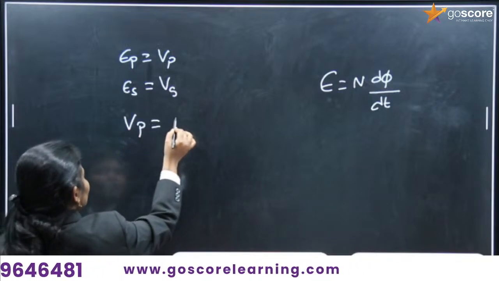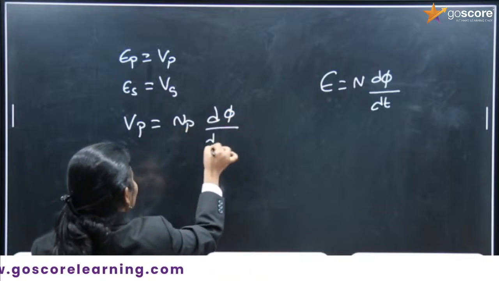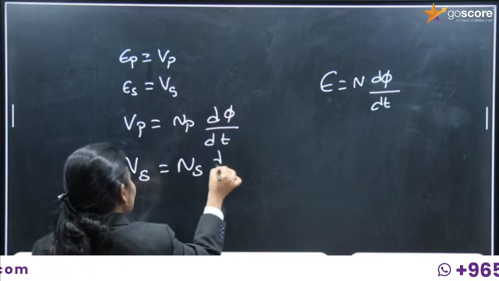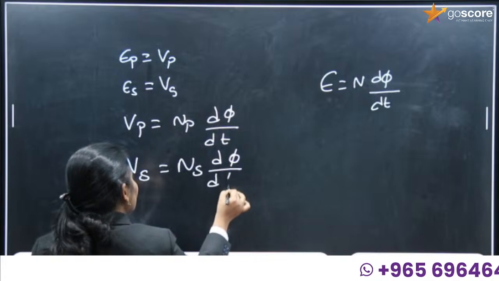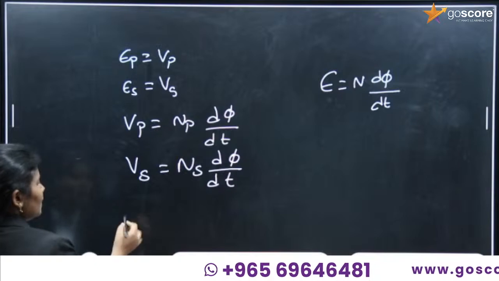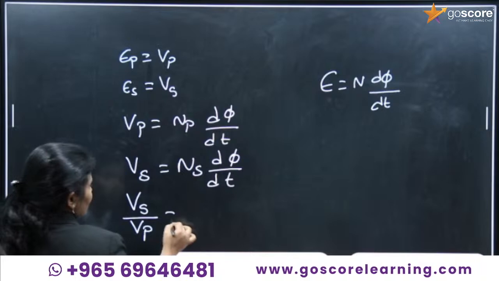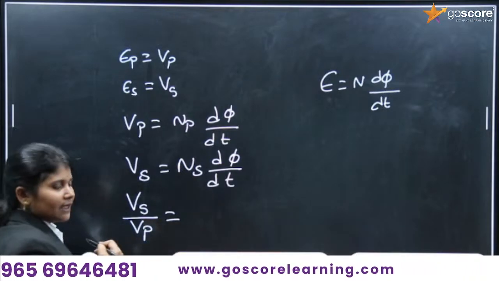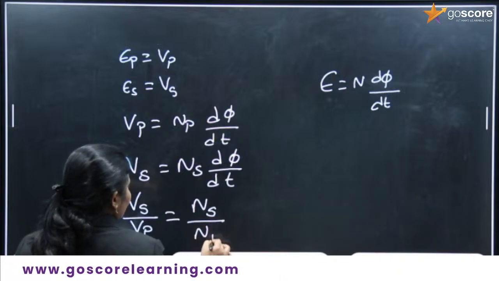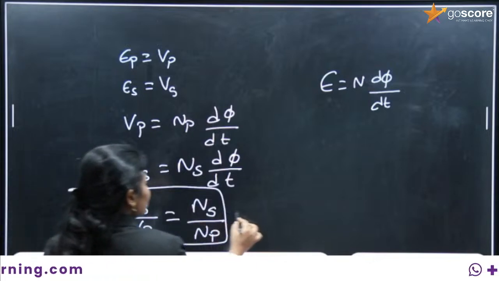VP is equal to NP into d phi by dt. VS is equal to NS into d phi by dt. Then VS by VP is equal to NS by NP, as d phi by dt cancels. This is the first equation.